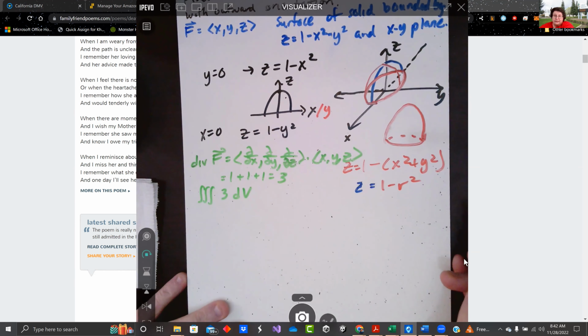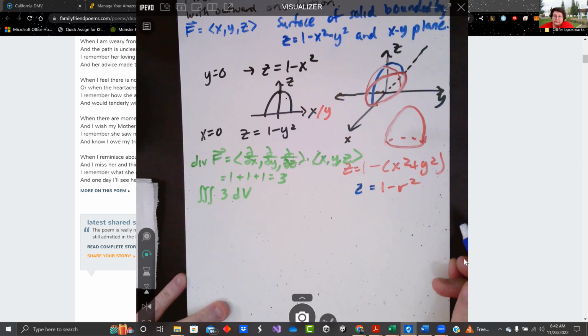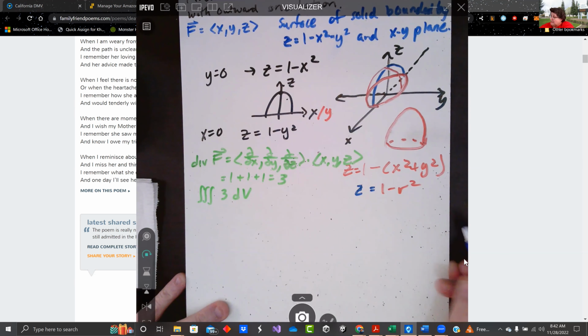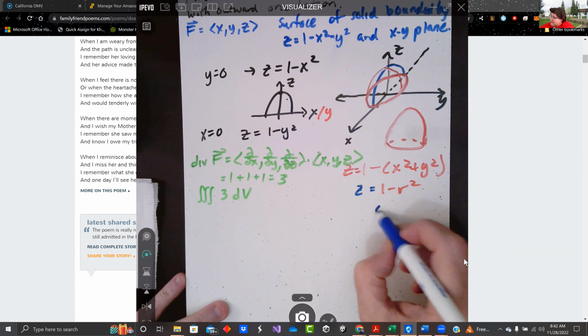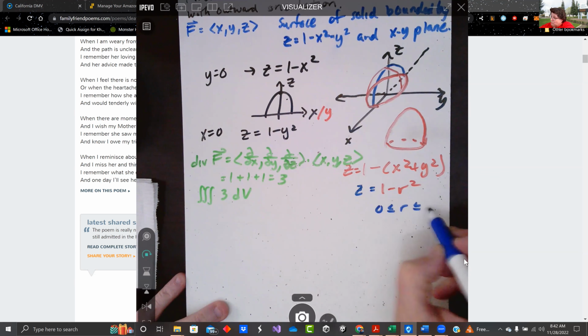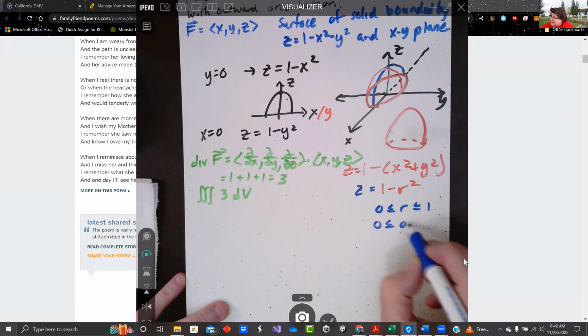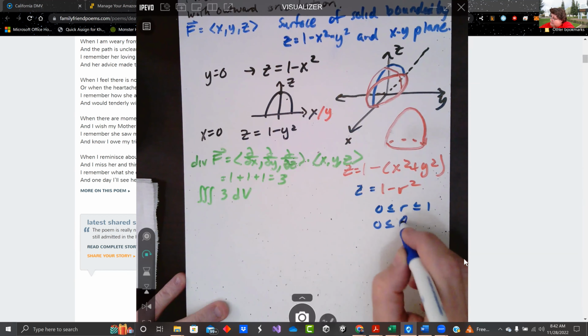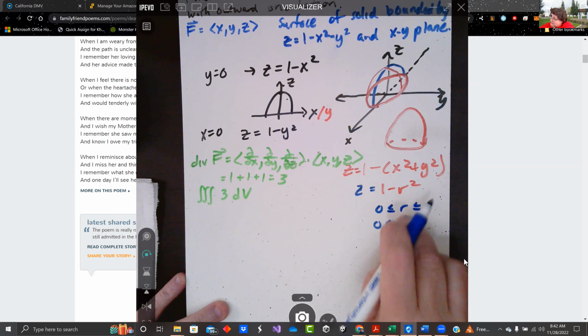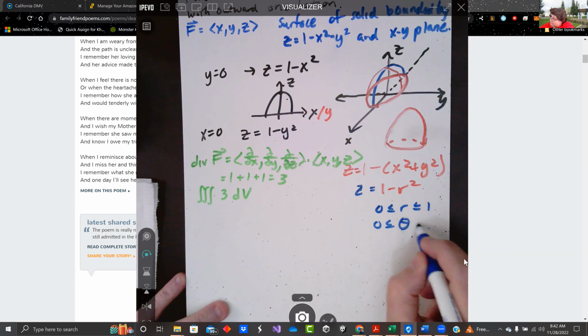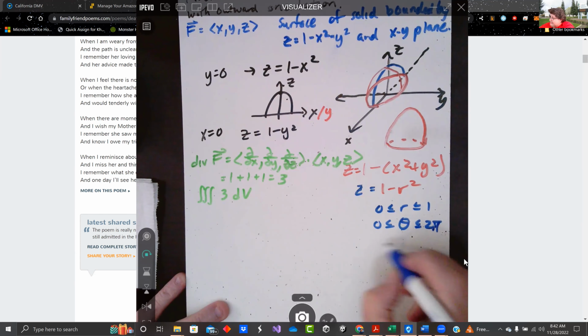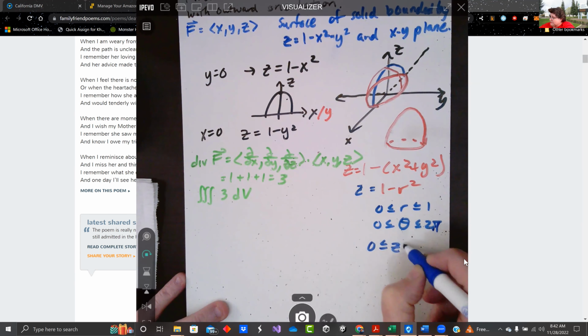So if we do it in cylindrical, 0 is less than r less than 1. Theta is going from 0 to 2 pi. And z is between 0 and 1 minus r squared.